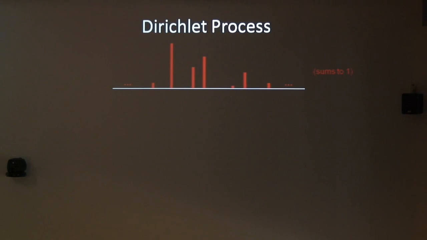So one way to do this is by using the Dirichlet process. The Dirichlet process is a random measure. I'll explain in more detail later what a random measure is. But you can imagine, on some space, here the real line, a number of sticks with total mass that sums to 1.